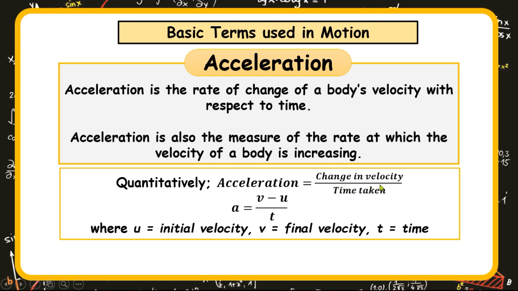And the changing velocity simply means there is an initial velocity compared to a final velocity. So it is written as a equals v minus u over t, where u represents the initial velocity, the starting velocity, v the final velocity, and t the time taken. So kindly note this formula. It is very, very important as far as motion is concerned.